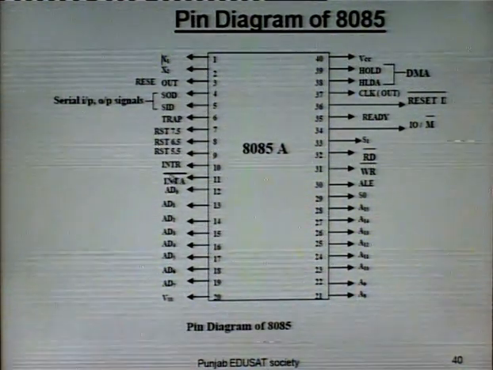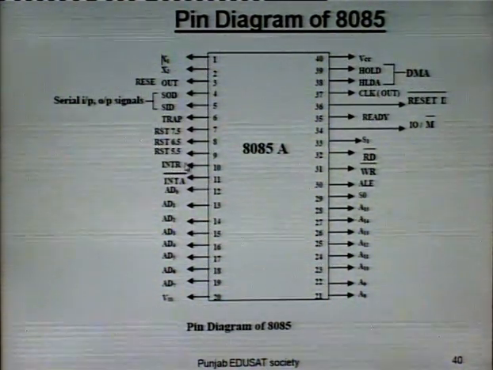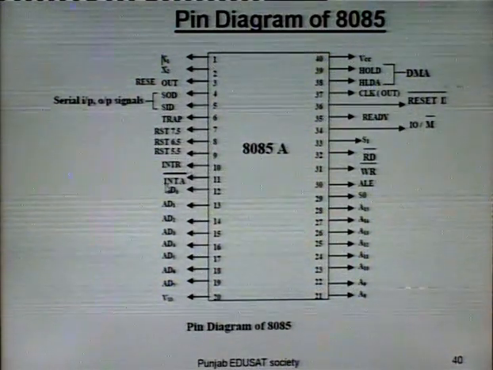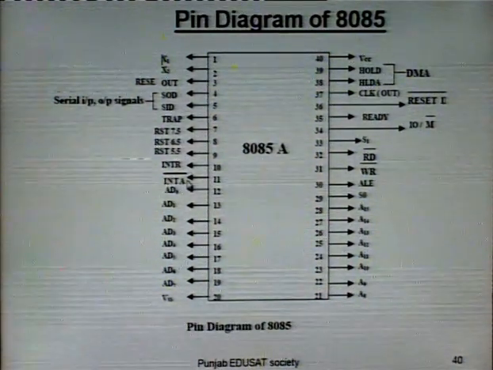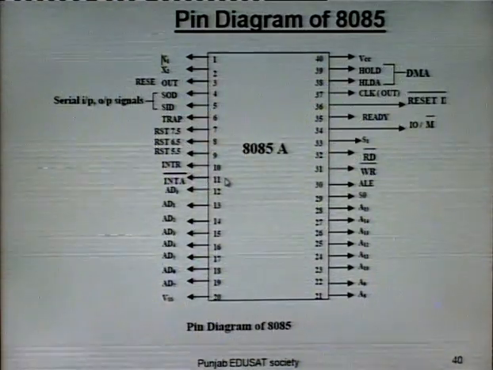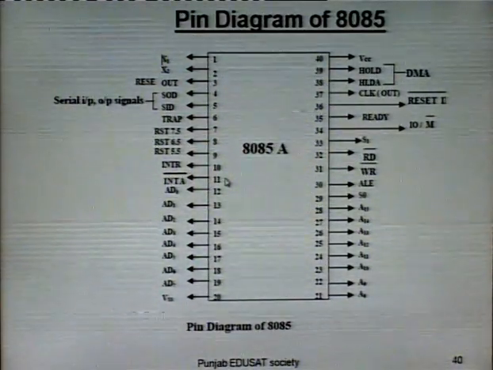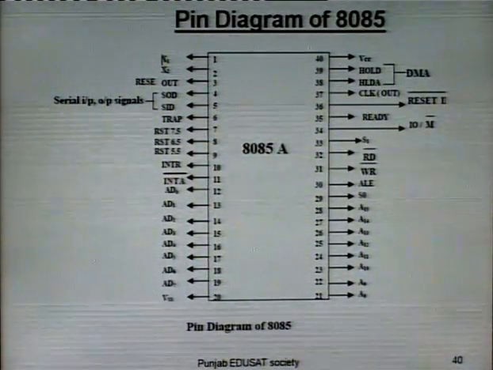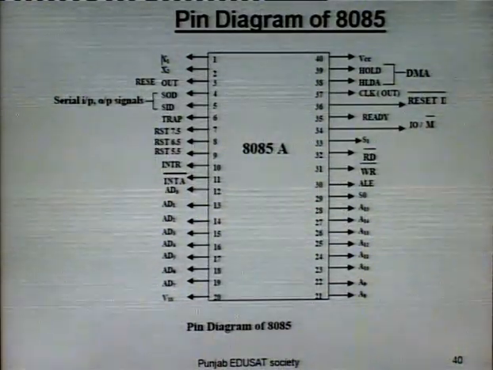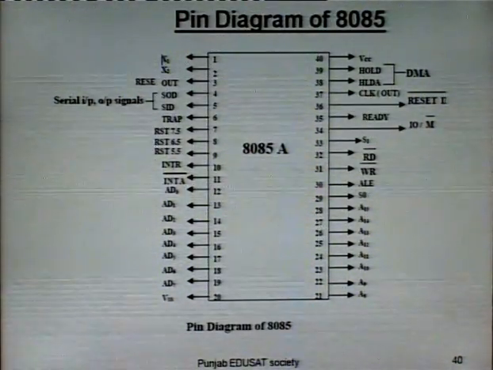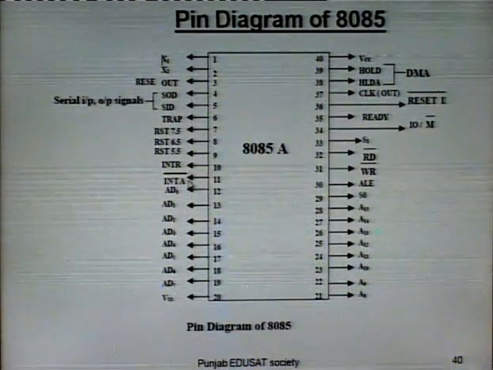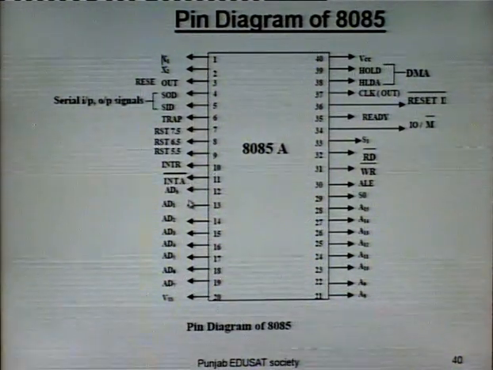After that, interrupt request has the lowest priority. Interrupt acknowledge is an output signal. When an interrupt request is accepted by the microprocessor, the microprocessor sends the interrupt acknowledge signal, that is INTA, which is active low.